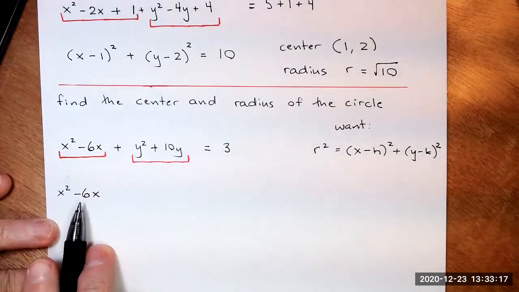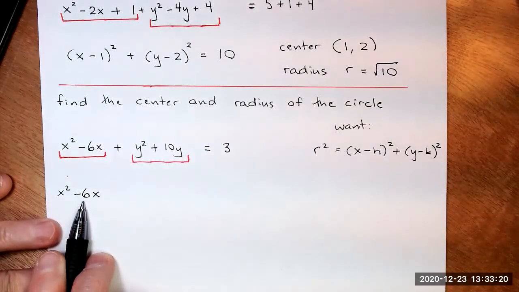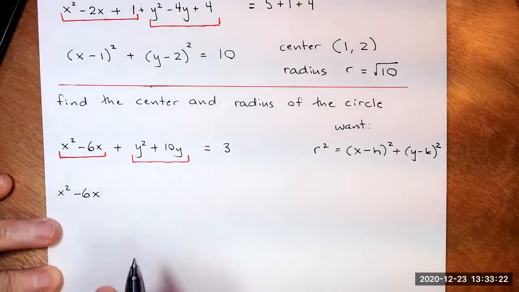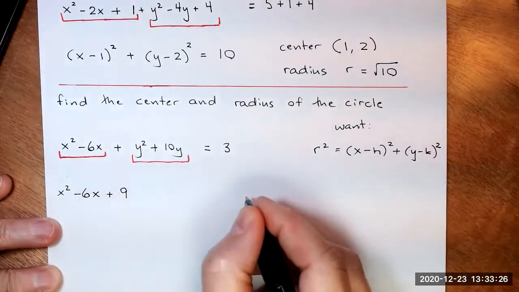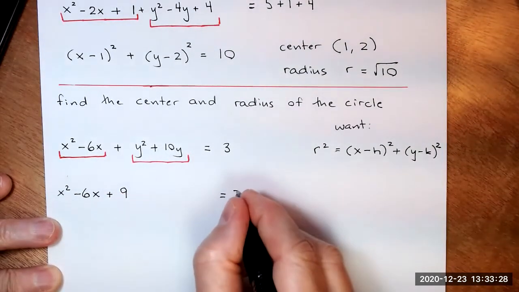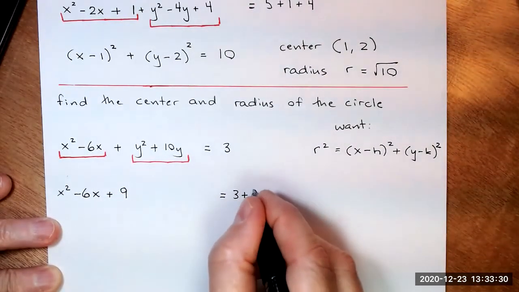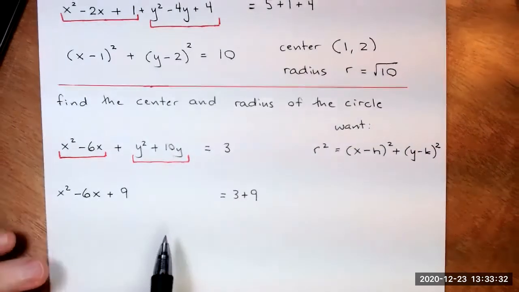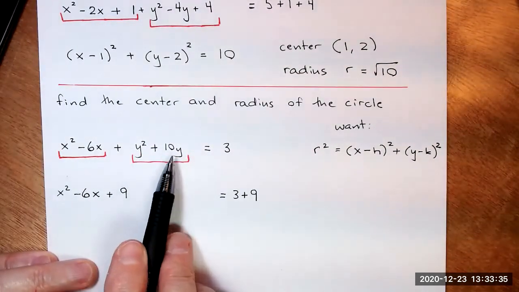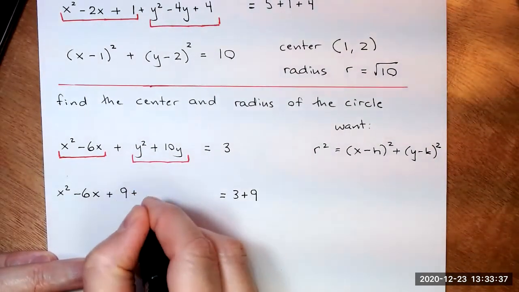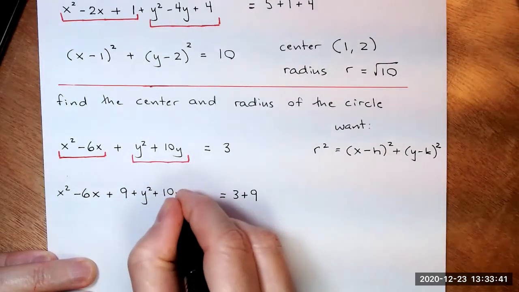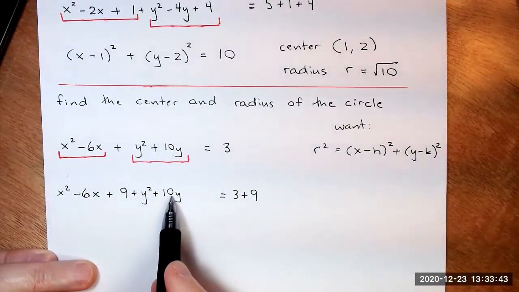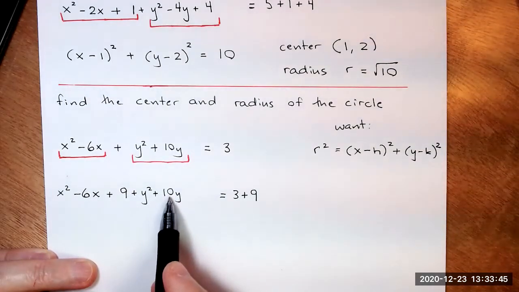We take half of the middle term, which is -3, and then square it. -3 squared is 9. Make sure you add it to both sides. And then we complete this square. Half of the middle term here is 5.